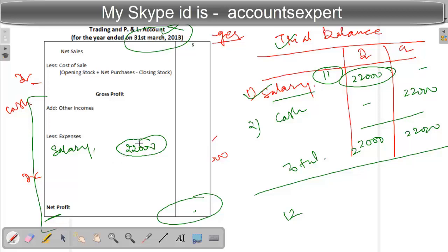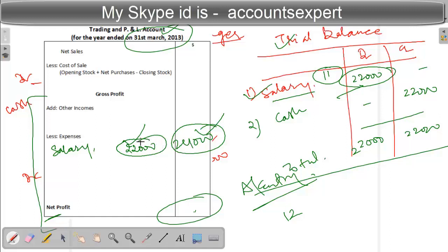Here in the trial balance the salary is only for 11 months, but in the profit and loss account we have to write salary for the whole year, 24,000. For that we need to pass an adjustment entry. Getting my point? The trial balance says the salary is 22,000, but in the profit and loss account we have to write the whole year's salary, and we know the whole year salary is 24,000.